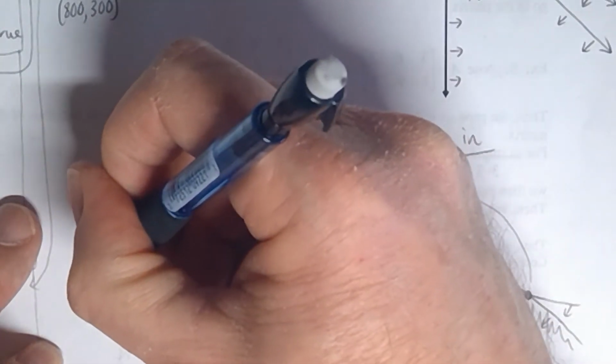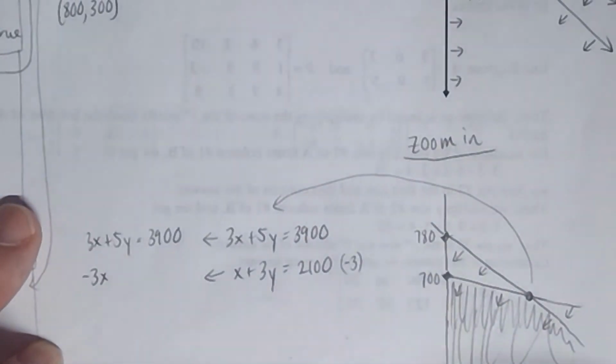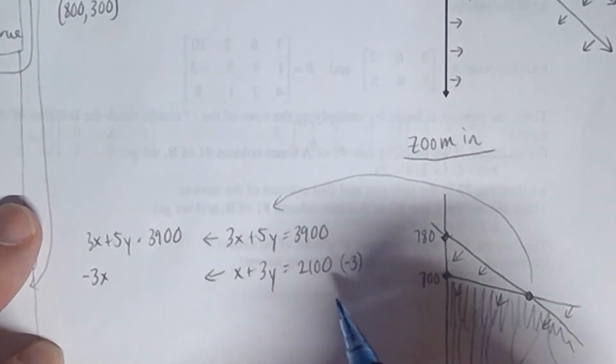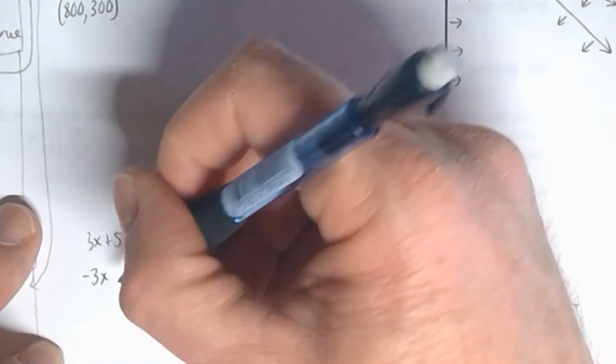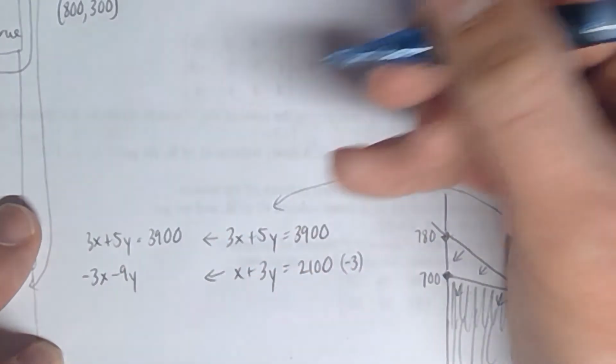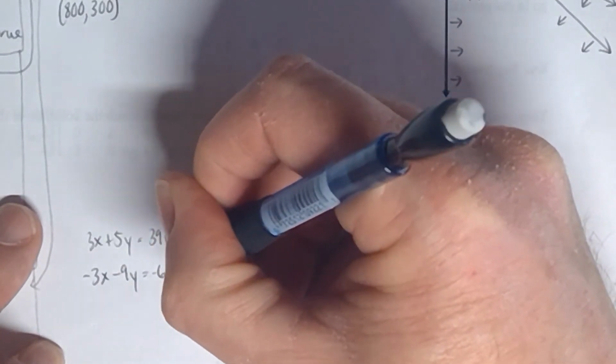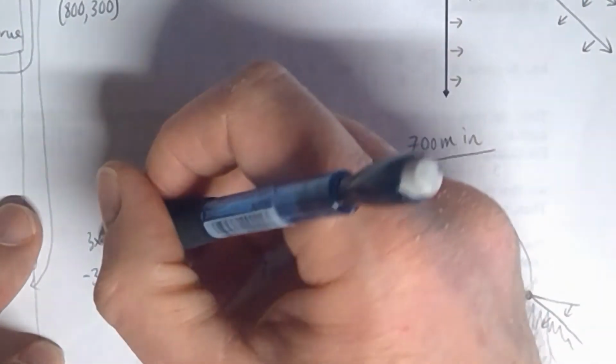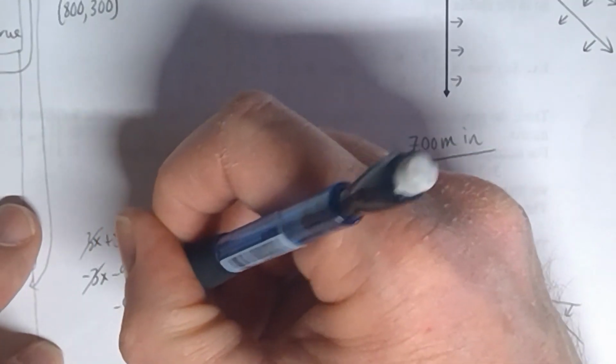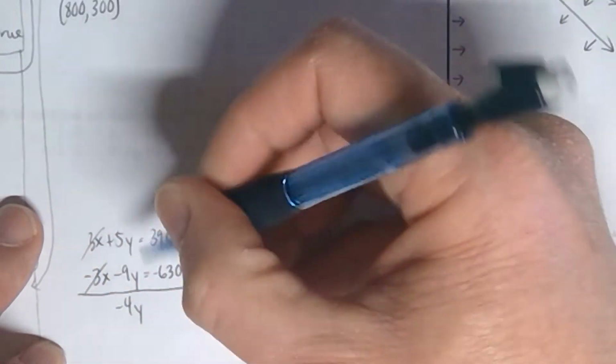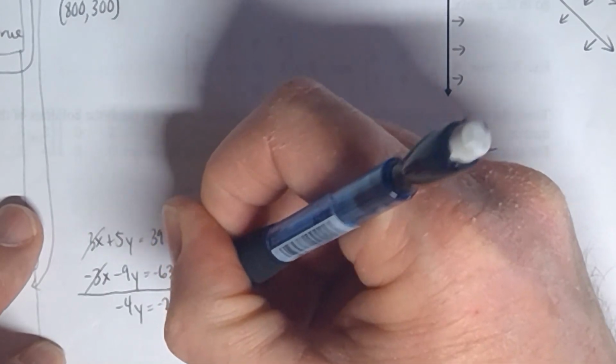I get negative 3x, distributing the negative 3 through, just like we did in section 5.1 when we were doing the elimination method. I get negative 4y is equal to negative 2,400.